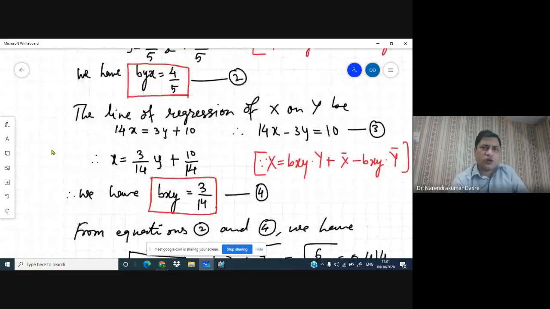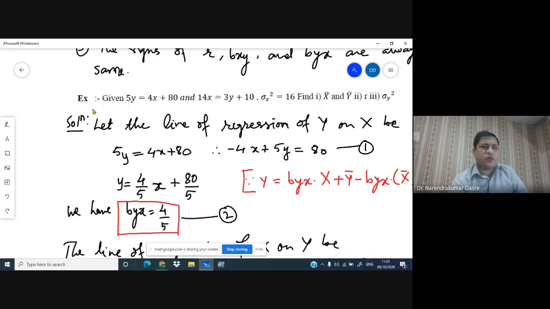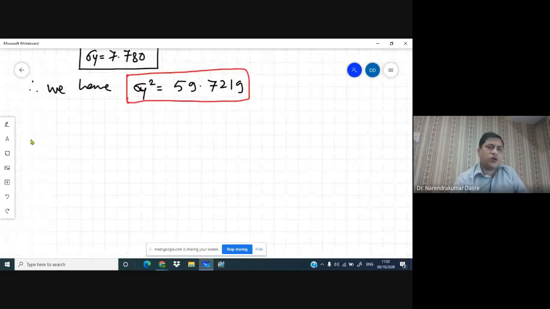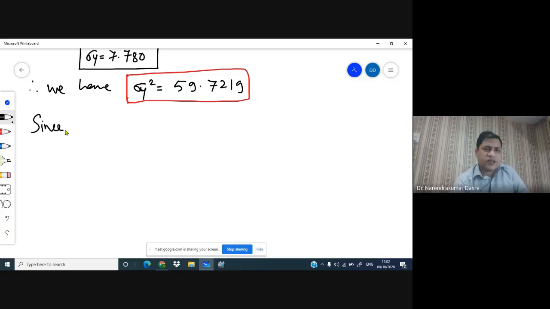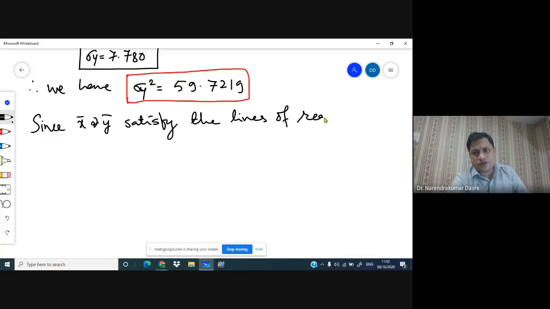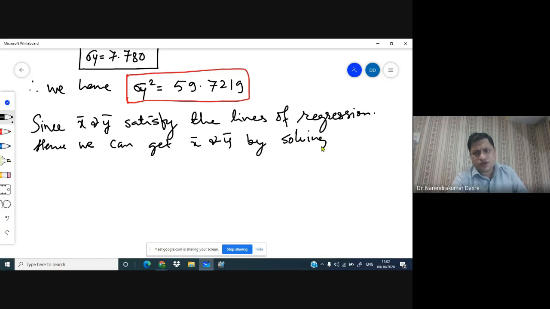Now we have to find x bar and y bar. Since x bar and y bar satisfy the lines of regression, we can get x bar and y bar by solving equations 1 and 3.